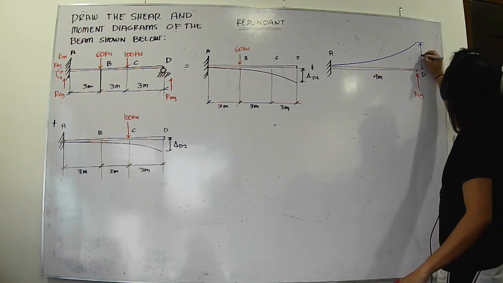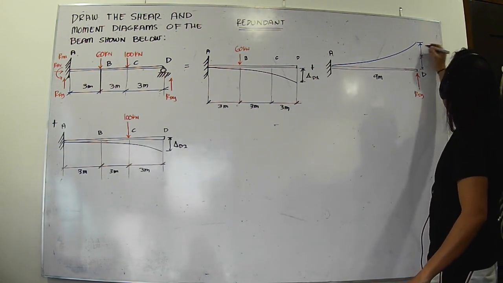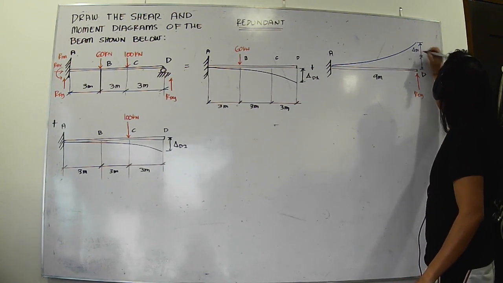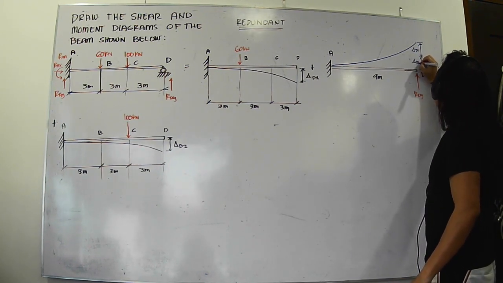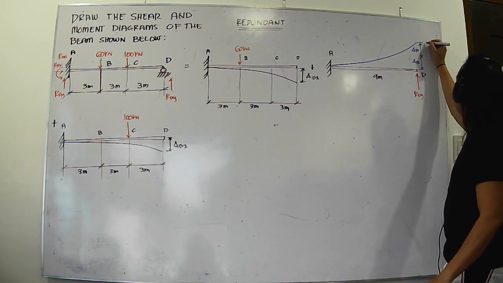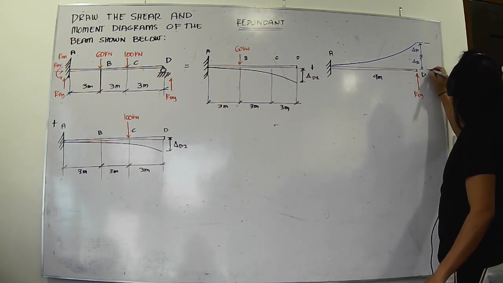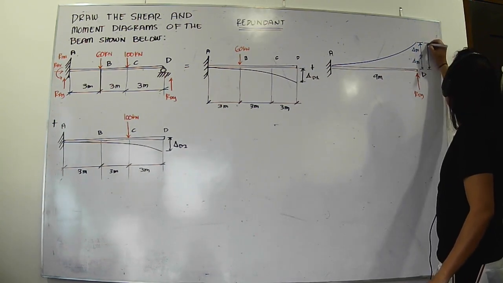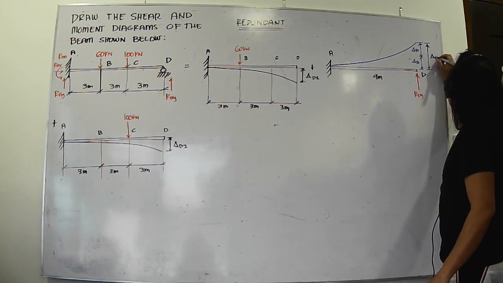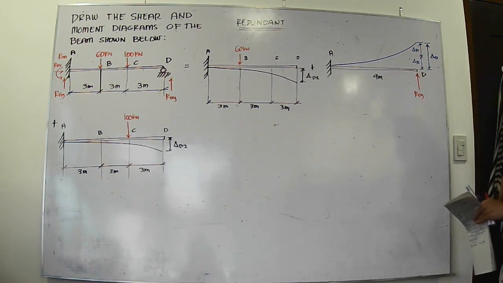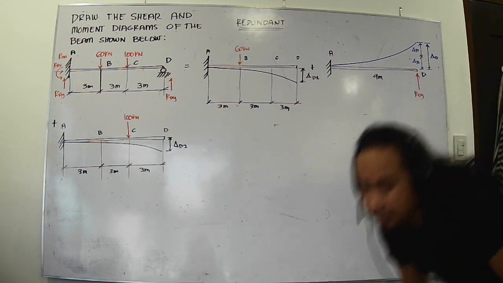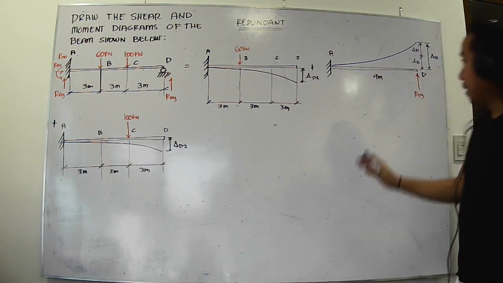We could just say that this is delta D1 and delta D2, and they accumulate. All of this just came from the idea of delta D, the deflection from the applied force. I hope that is clear.